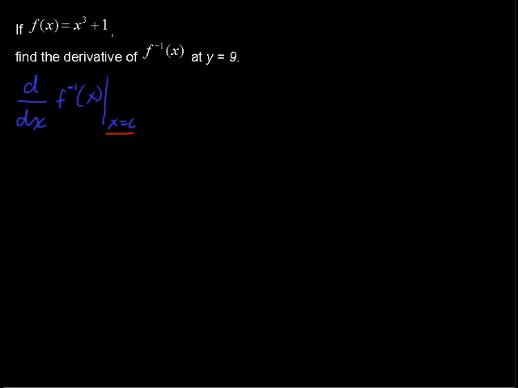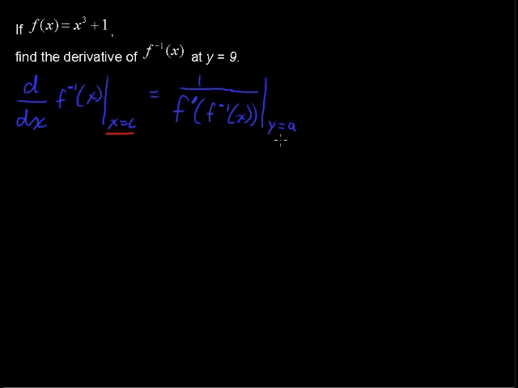That equals, so notice that I'm not saying 9 here, I'm saying x, but this equals 1 over the derivative of the original function evaluated at the inverse of x, when y equals some value a. I'm just staying consistent with a lot of books. They use a and c here.